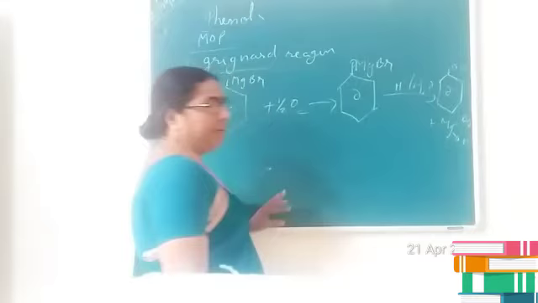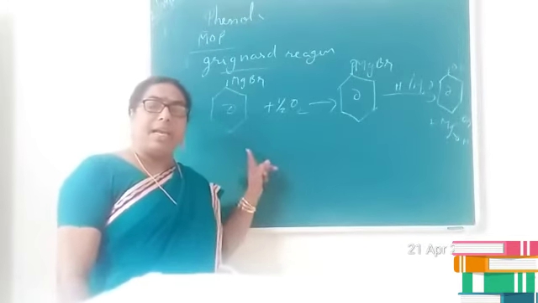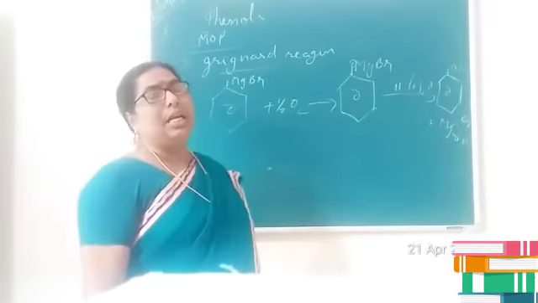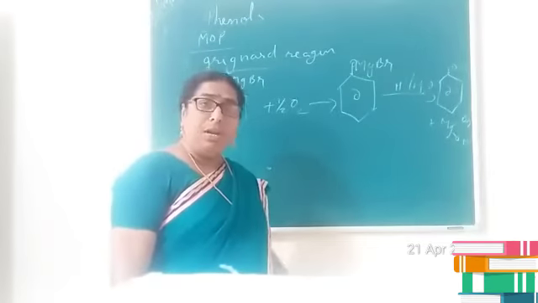So phenyl magnesium bromide undergoes aerial oxidation, produces phenoxy magnesium bromide, and on acid hydrolysis gives phenol.